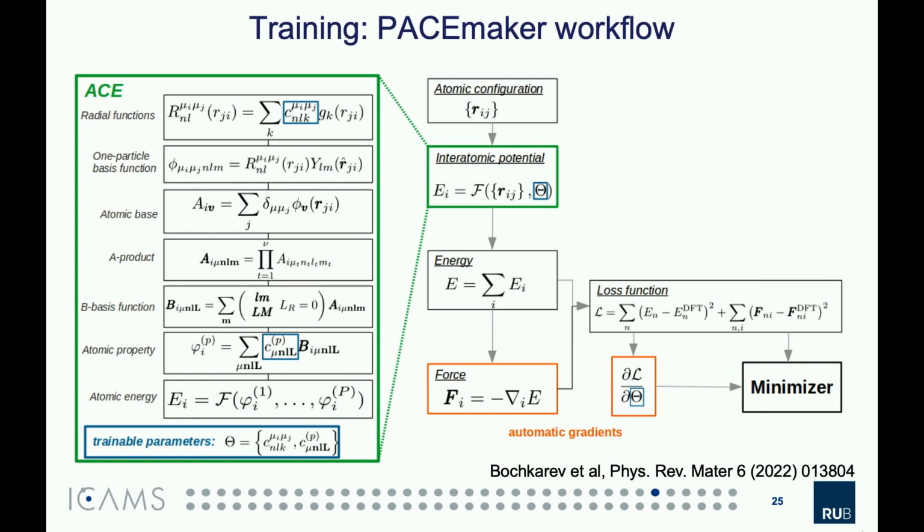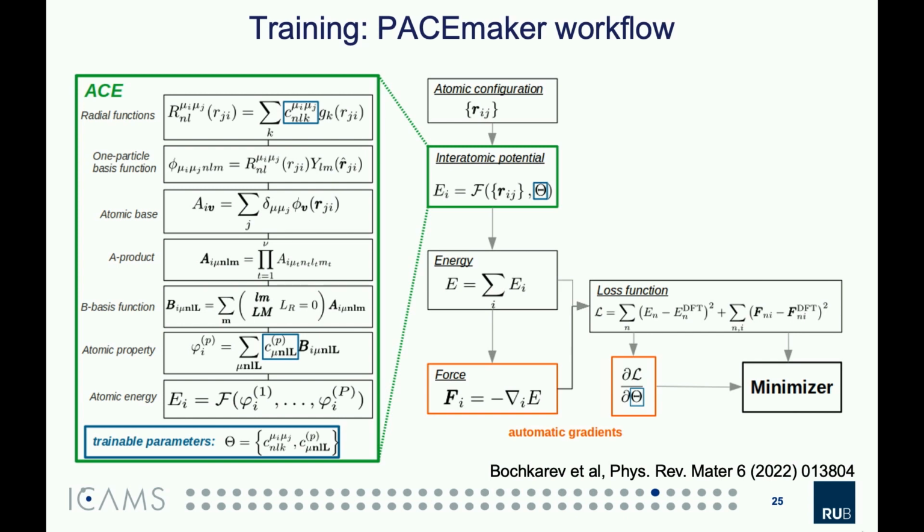And the trainable parameters are essentially two groups. First, we have to optimize our radial function to get kind of a minimal LCAO basis. And second, we have the actual expansion coefficients from the ACE expansion. So we just run through that, compute the energy, compute the loss function, and then minimize this.